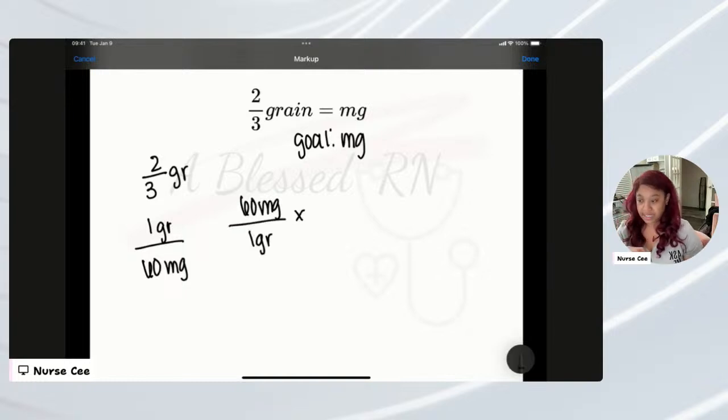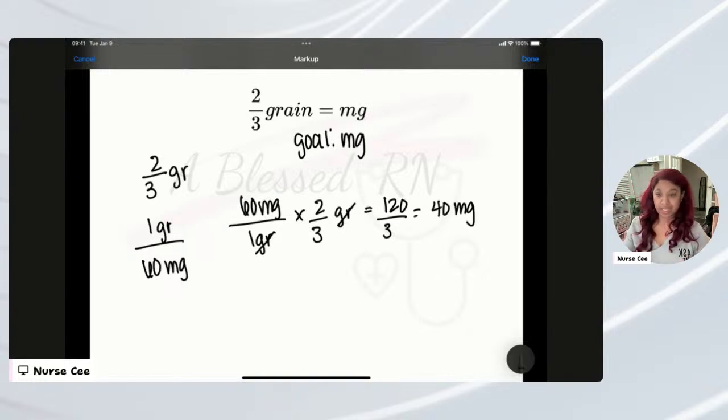We have grains at the bottom, so we need grains at the top. So we do our 2/3 grains, and you see the grains cross out. You just do 60 times 2, which is 120. 1 times 3 is 3. So what's that? 40 milligrams. That's how you do it.